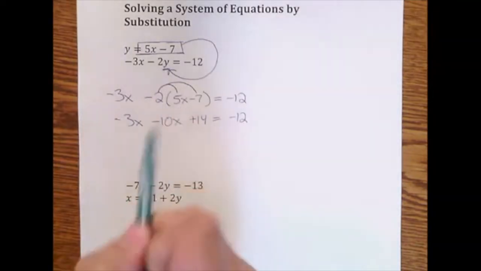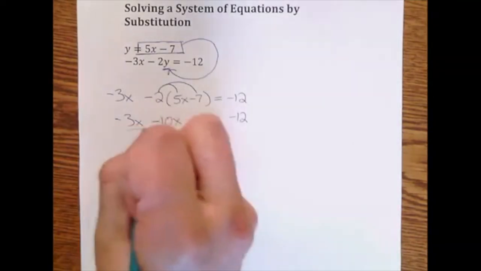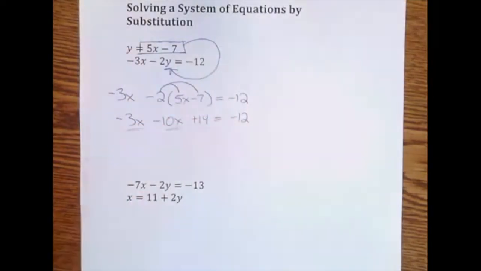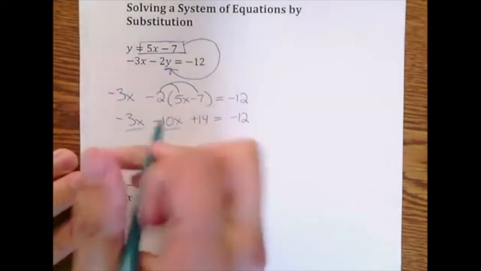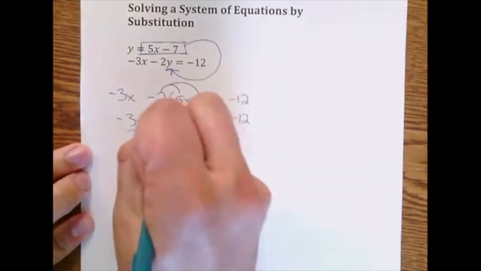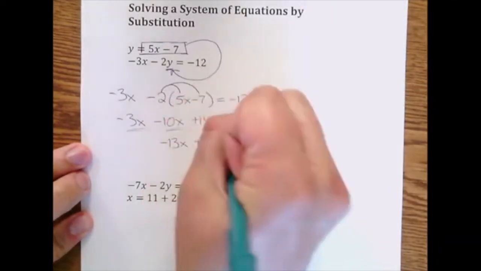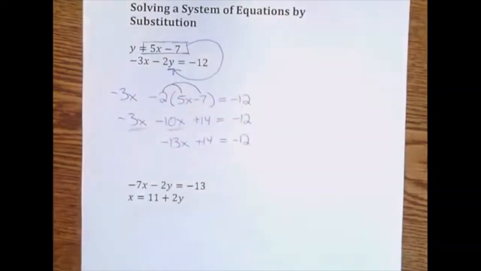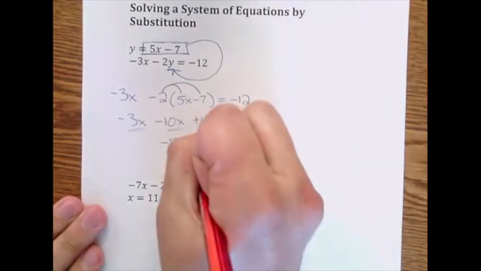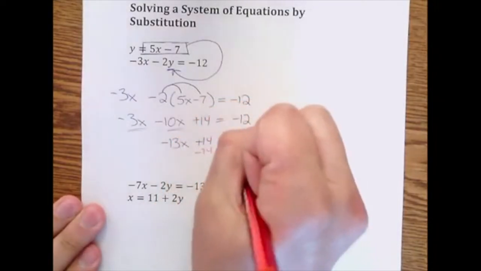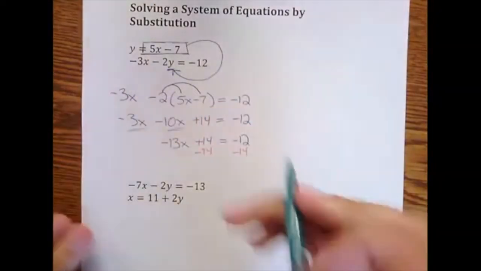After I get rid of the parentheses, I see a few like terms here. This negative 3x and negative 10x, we both have x's here, so those can be combined. Negative 3x and negative 10x is negative 13x, plus 14 equals negative 12. So we've gotten it all cleaned up a little bit there, distributing and combining like terms. Real easy solving here: minus 14, minus 14.